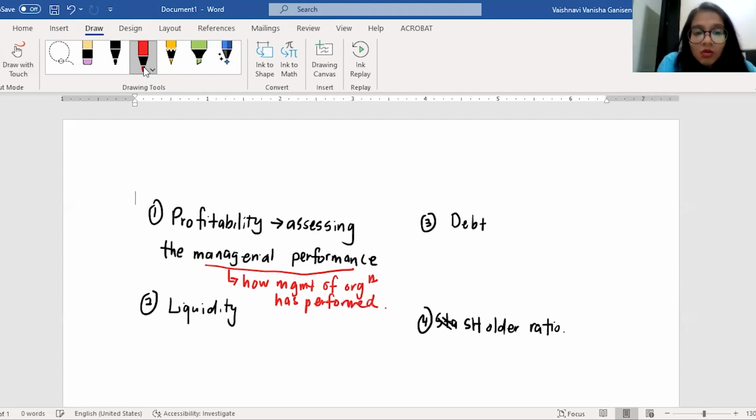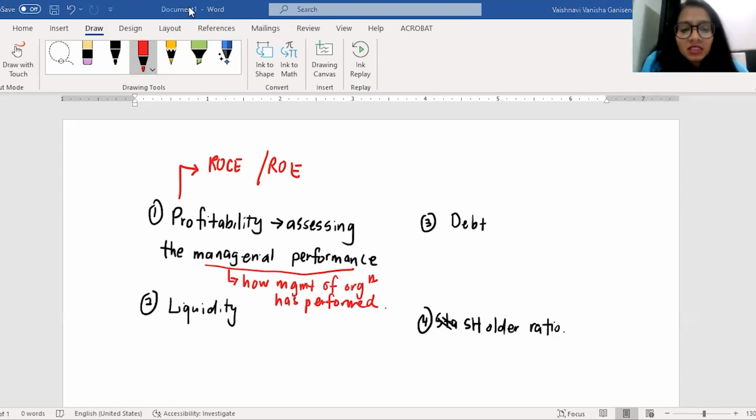So what are the ratios that the profitability ratio entails? You have the ROCE or the ROE. I don't really have space here, so I'm just going to write it this way. ROCE. We will talk about it in more detail in a little bit. Just give me some time to explain the remaining.